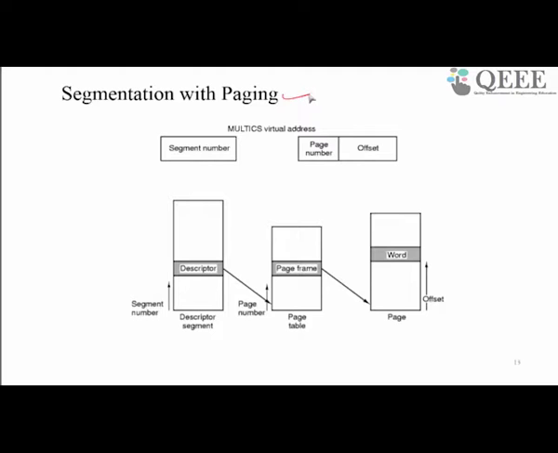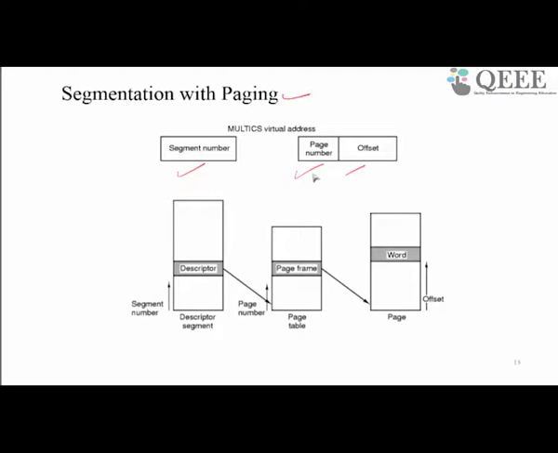But now we put a restriction that segments cannot be of arbitrary size. They have to be integral multiples of units called pages, which are of fixed size. So every given virtual address falls within a particular segment. Each segment has a number of pages, and therefore the address will fall within a particular page, and then the given word will be at a particular offset within the page.